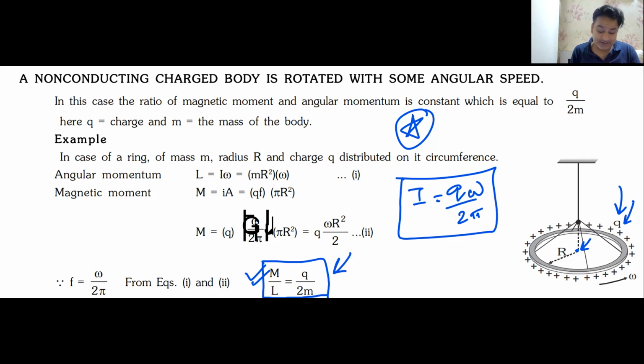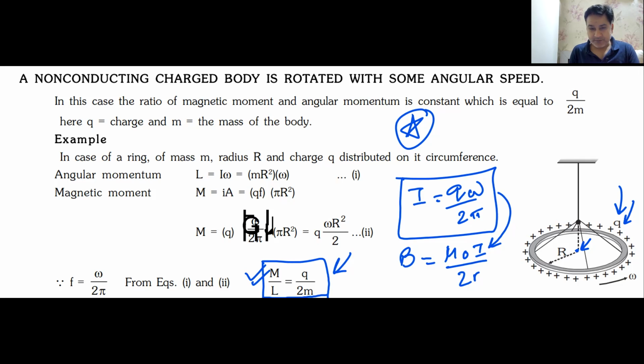B at the center of a loop of a current carrying wire is mu naught I by 2r. Yes or no? Yes, sir. You just put the value of I from the above equation and you will get your results for this.